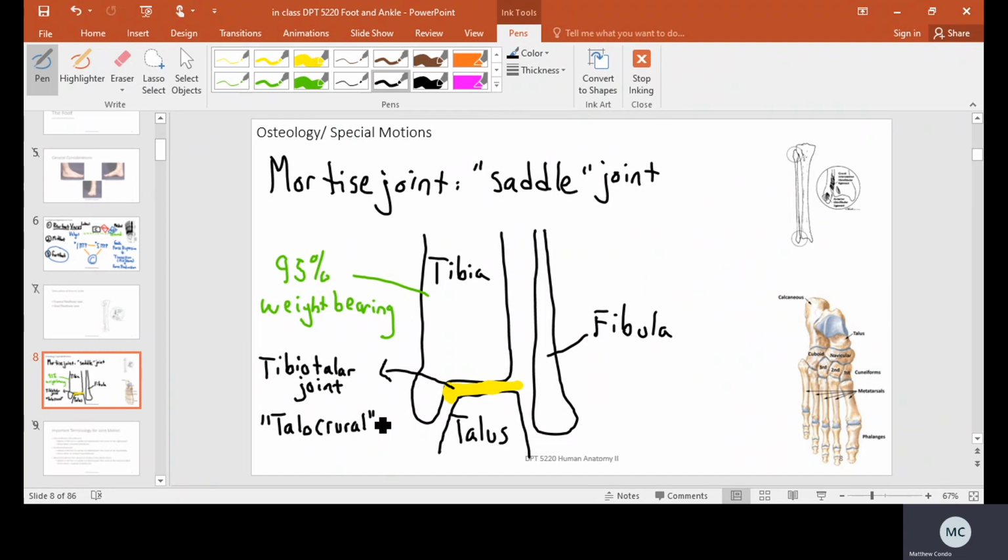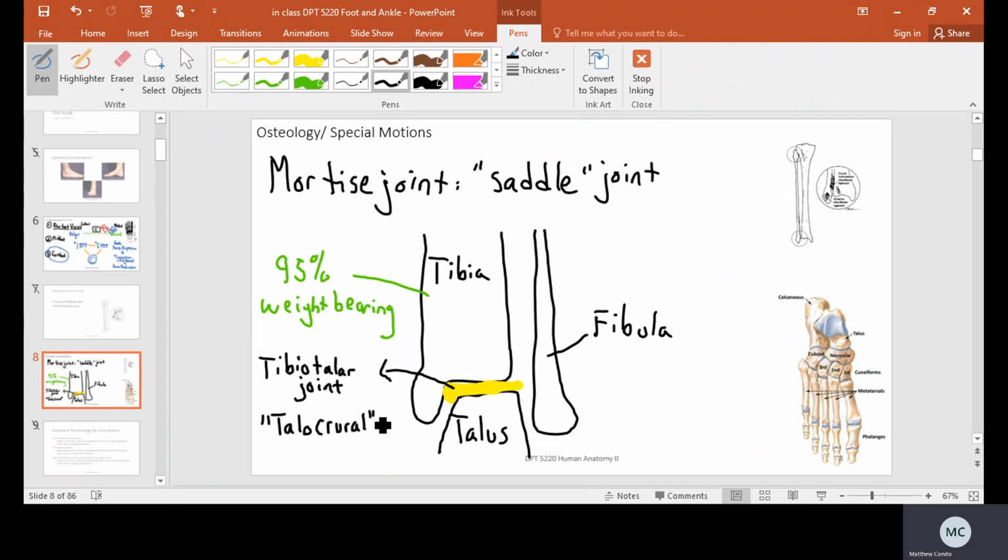What we need to understand is that at my tibio-talar joint or my talocrural joint, I'm going to have some different motions happening. Okay, we already kind of discussed all these, and you guys have already discussed these in tests and measures.